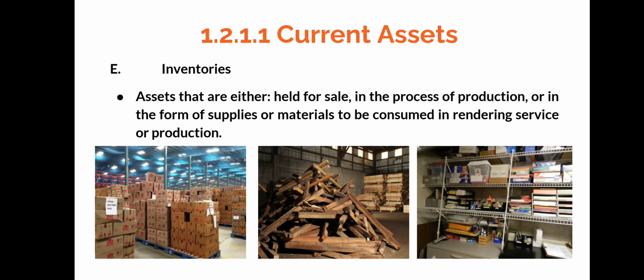As seen in the first photo, an inventory can be finished goods in merchandise, held for sale or waiting to be delivered or distributed, or raw materials or ingredients waiting to be processed or converted into a new, different product in a manufacturing company, as seen in the second photo, or simply supplies to be used or consumed in the office, like in the third photo.